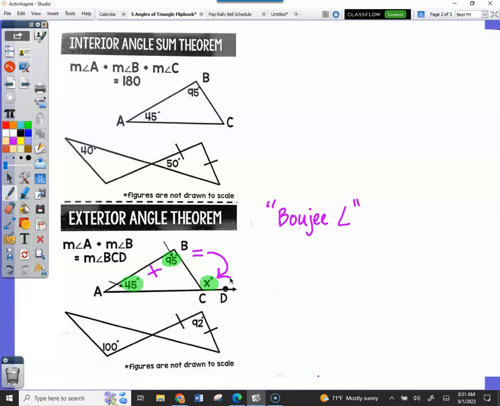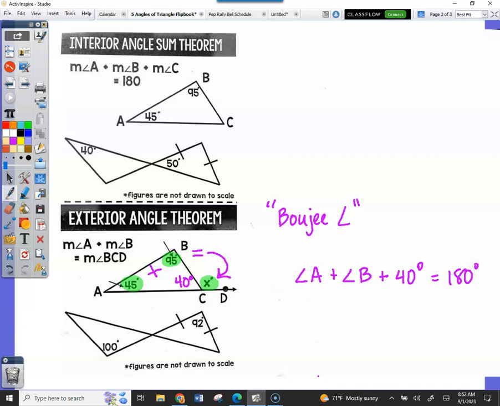All right, so let me show you the math behind it. Let's go ahead and find this angle right here. So 180 minus 45 and 95. Somebody tell me. 40? You with me? All right, so you don't have to write this down. Just watch. So angle A plus angle B plus 40 equals 180, right?